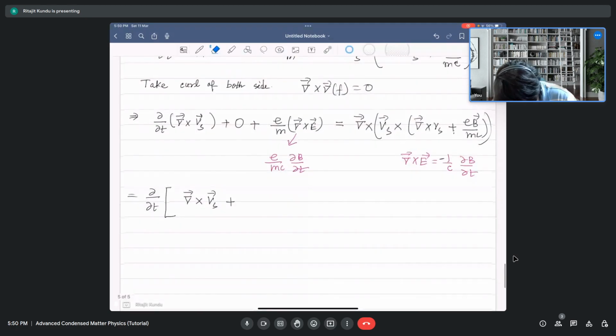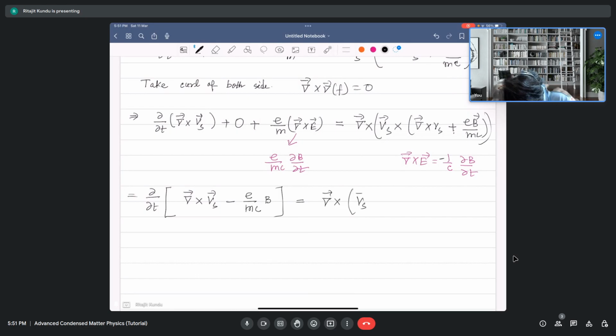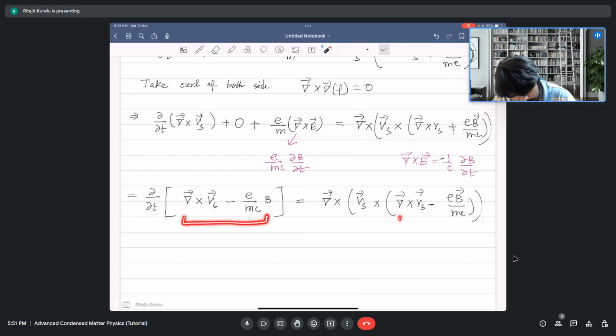Yeah, I'm missing some minuses, but anyway, E by MC del B del T. Oh, not del T anymore, so B. And then I will have on the right hand side also grad cross Vs cross grad of Vs. So there should be also some minus. I have made some mistake probably. So EB by MC. Okay, so we see that in both the right hand and left hand side, this term is actually same.